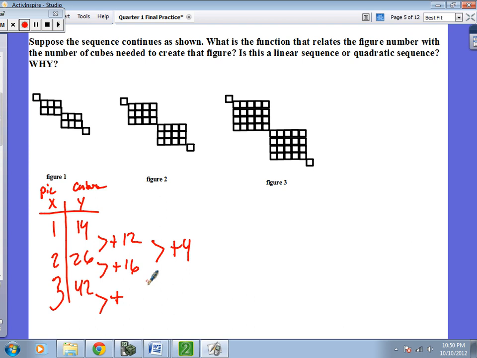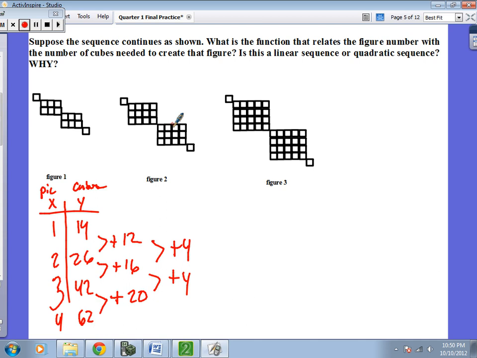So I'm banking that this is going to be 20, because it's going to look like it's increasing by 4 every time. So the next one on picture 4, if I add 20 to 42, I'm going to get 62 cubes. So this would be a quadratic, because the second change is constant, but your pictures are changing in 2 dimensions.